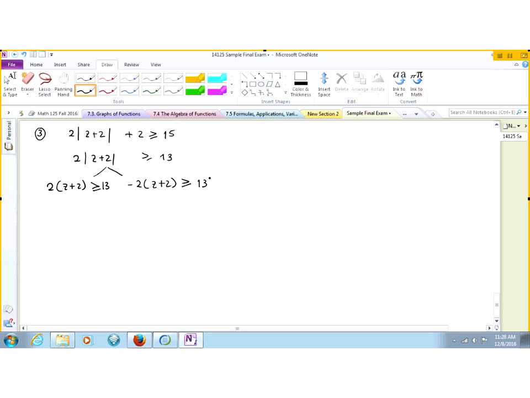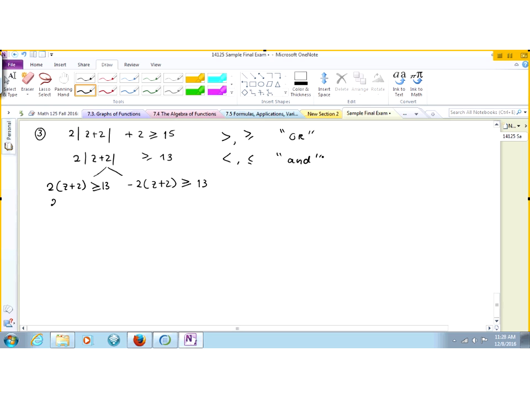Alright, so make sure the direction of the arrow is correct too. Okay, what am I going to do next? Well, just work on it, right? So is this an and or an or? This is greater than or equal to, this is or.